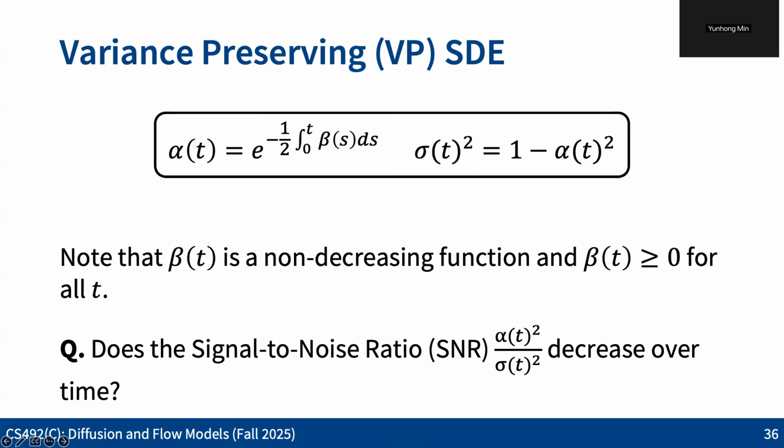Makes sense? This whole part should be an increasing function, which means that when you take the exponential of the minus of this increasing function, this should be a decreasing function, right? Makes sense? And since sigma is basically 1 minus alpha t, then this should be an increasing function, right?